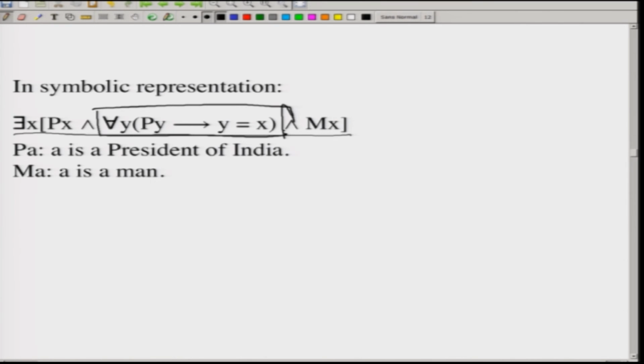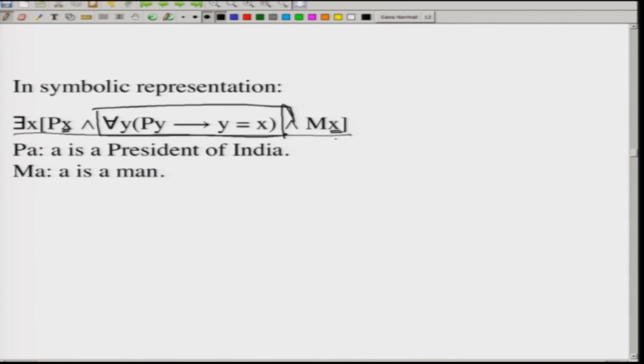Ignoring this part, the reading of this sentence would be plain and simple. There exists a President of India, and that President of India is a man, which means some President of India or a President of India is a man, but that is not the intention of the main sentence, which is the President of India is a man.